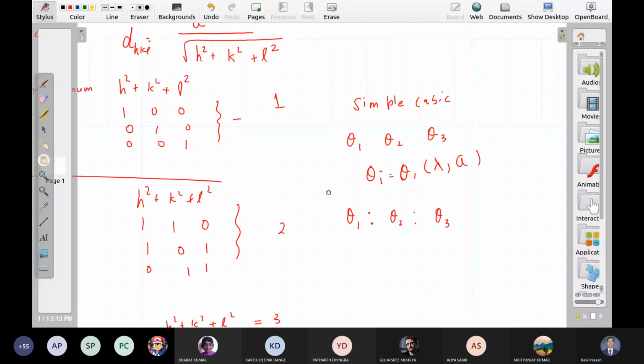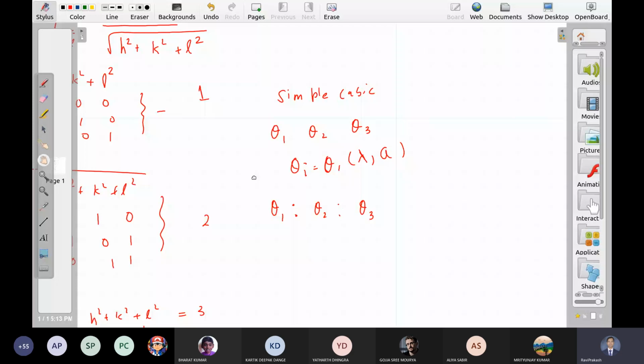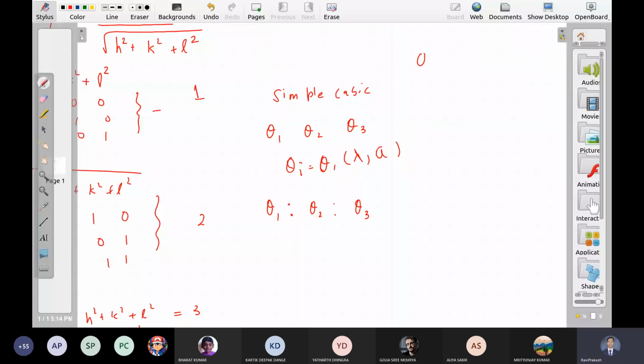Let me show you. What is theta 100? Sine theta 100 is equal to n lambda by 2d, with n equal to 1. That is lambda upon 2 d, and d for 100 means only A. Sine of theta 110 is lambda upon 2 d, meaning A by root 2.